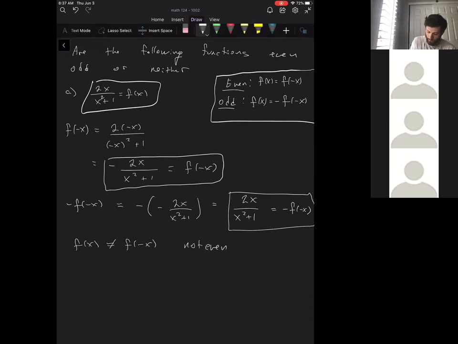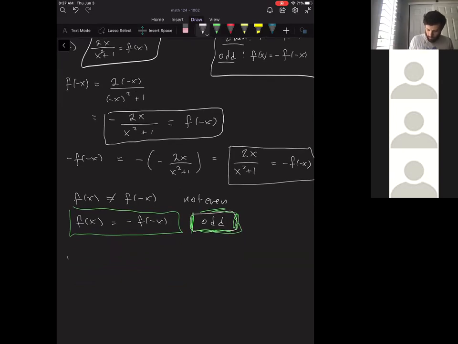But we do see that f of x is equal to negative f of negative x. So that means our function is odd. For this problem, here's our answer: our function is odd because we have this.